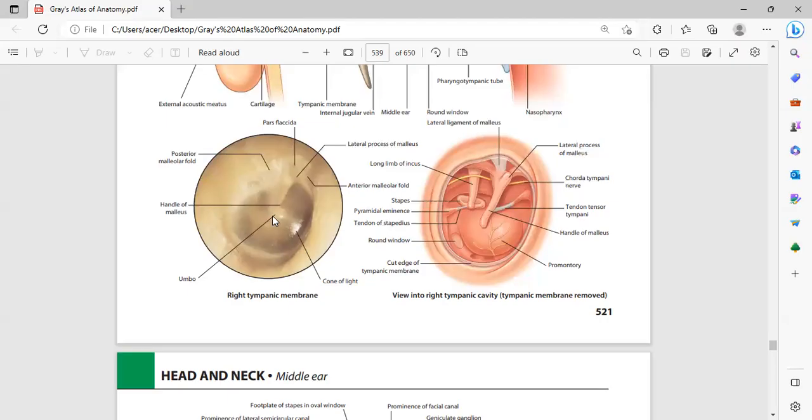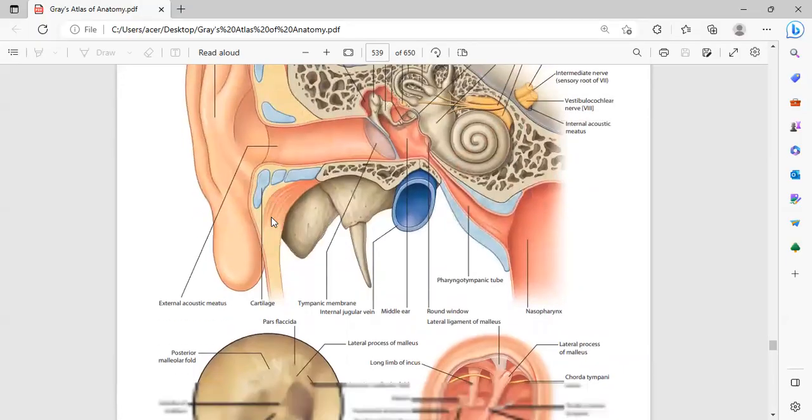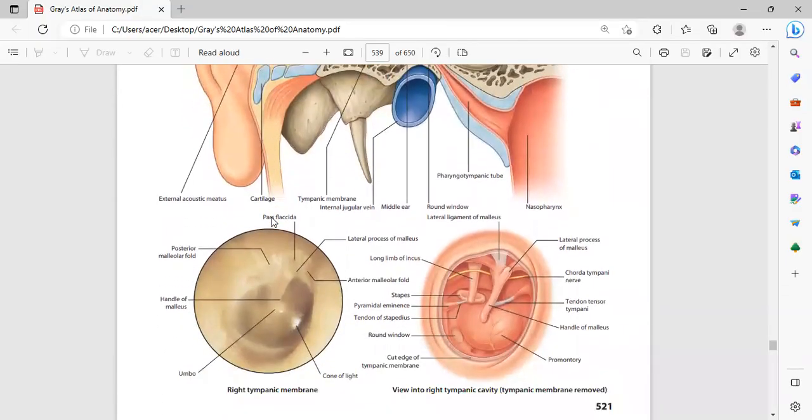The reason that this is tense is because it is held tense by the inward pull of the tensor tympani muscle. There is a muscle called the tensor tympani, which enters the middle ear right here. The tendon of tensor tympani is attached to this pars tensa.